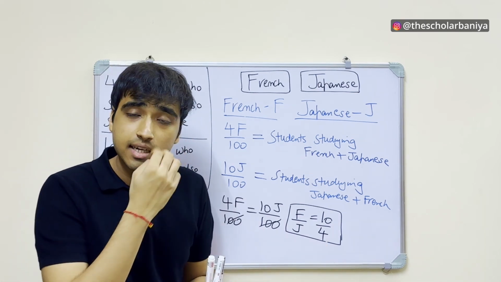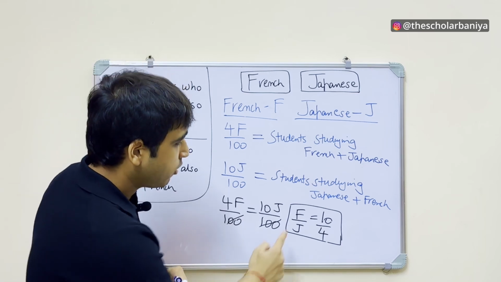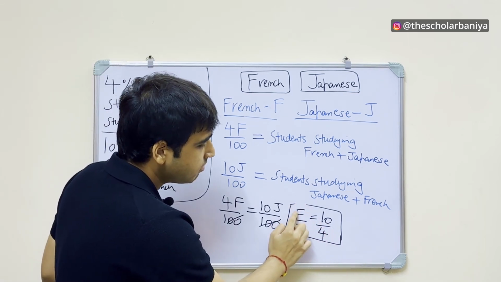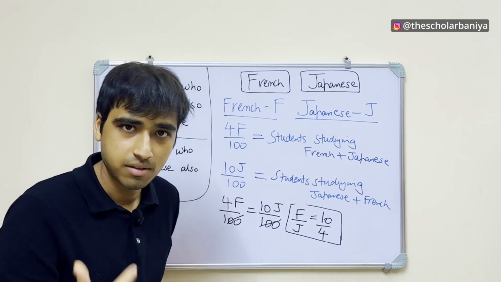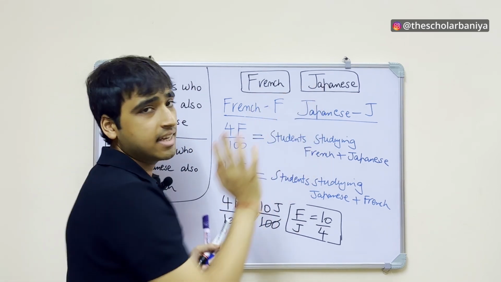The number of students studying French is obviously greater because the numerator is greater and the denominator is smaller. So the F term will obviously be greater, which means the French part will be greater than the Japanese part.